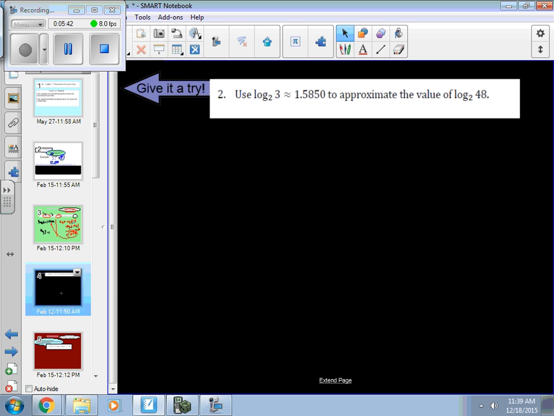All right, let's try another one of those. This one wants us to figure out what's log base 2 of 48. Well, we have to figure out what numbers go into 48.